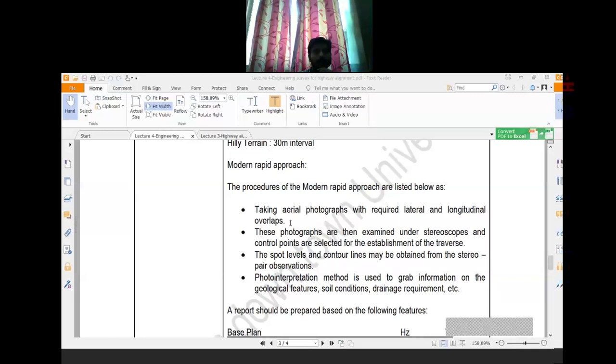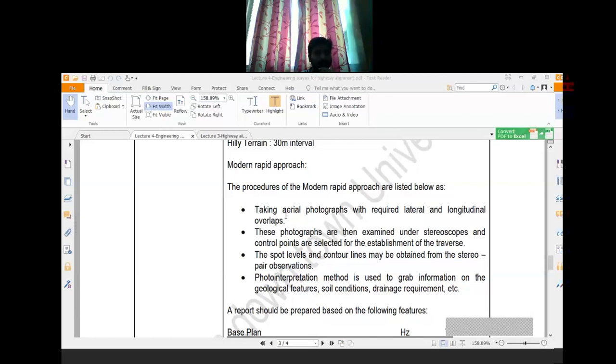Aerial photographs means drones are now available. Through a drone you can easily get to know about different features of the area and look at them very closely. So you need to take aerial photographs of that area, and then you can proceed further.